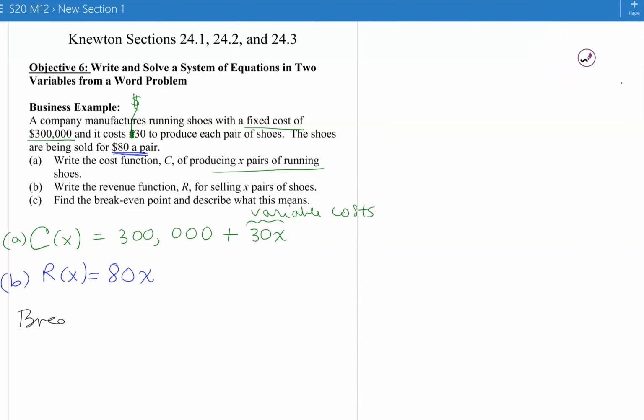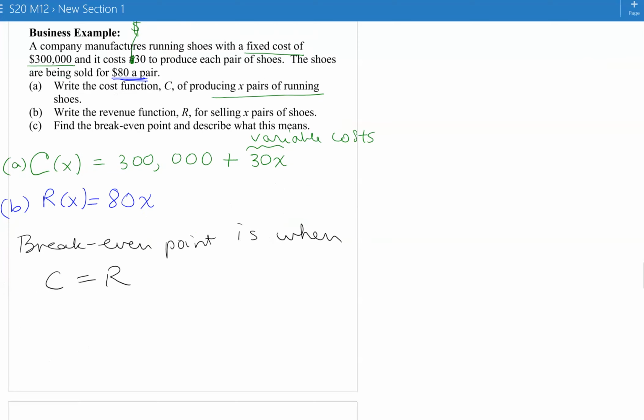So the break-even point is when cost equals revenue. Because if your costs, how much you're spending, equals your revenue, how much you're getting back, you're right at the break-even point, and you're hoping you're going to tilt towards the revenue getting bigger than the costs.